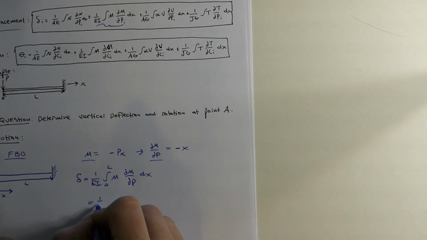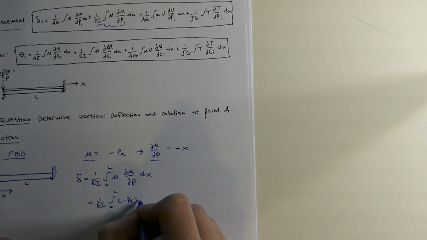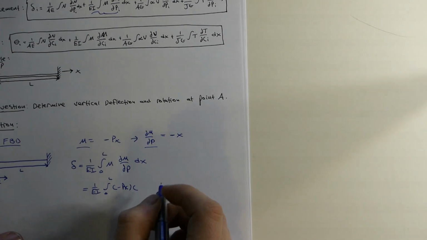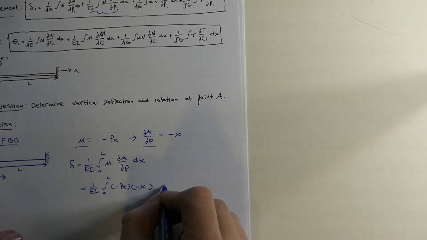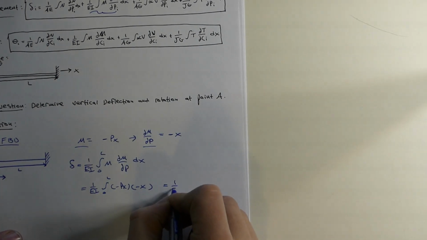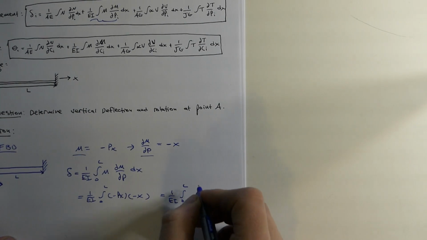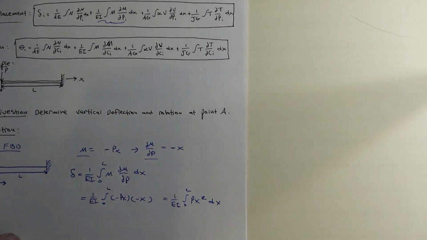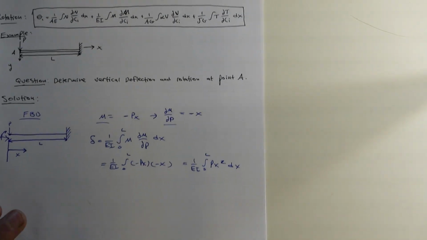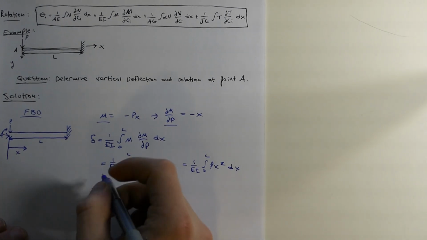And then we're just going to plug this and this into here. So this is equal to 1 over EI, 0 to L, negative px times negative x, which is equal to 1 over EI, 0 to L, px squared dx. Now we're just going to integrate this, and as you can see this is a pretty easy integration.